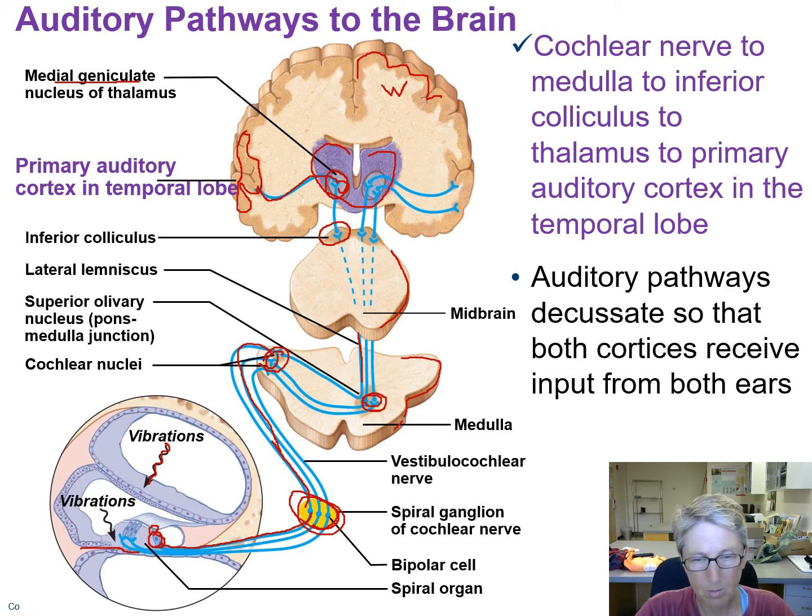So the vestibulocochlear nerve to the medulla, and then it goes to this inferior colliculus, and then it goes to the thalamus. Then from there it goes to the primary auditory cortex. And it says here auditory pathways decussate so that both cortices receive input from both ears.